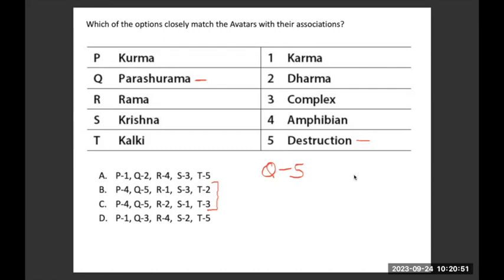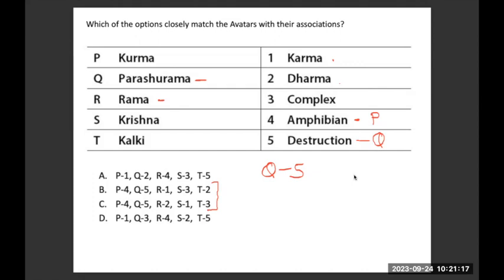P4 is constant, which means P goes with amphibian. Kurma goes with amphibian. So I'll just write here P. I'll write here Q. And this is distant. Now R is 1 or R is 2. R is Rama. Rama is karma or dharma. Rama goes with dharma too.